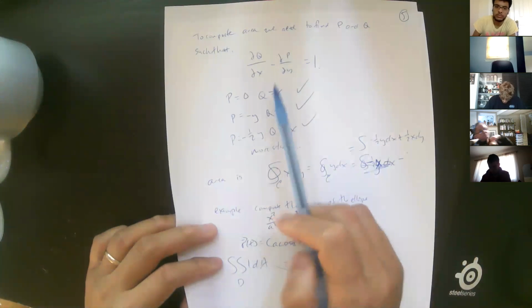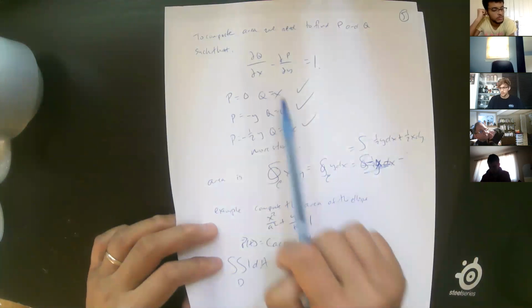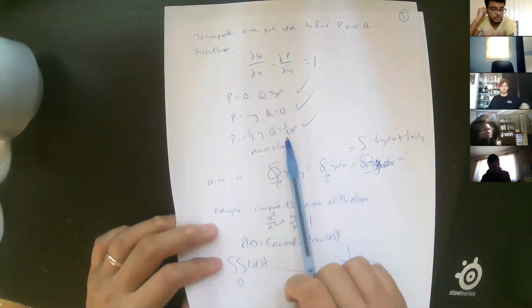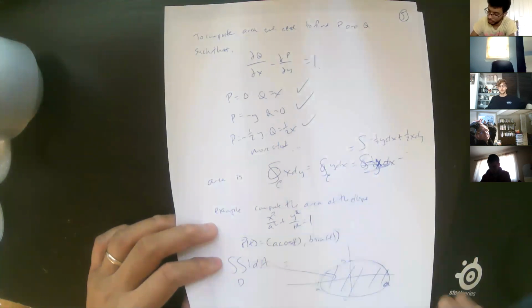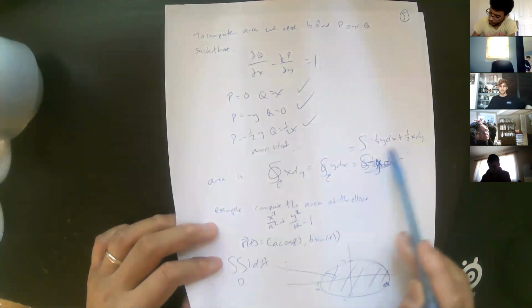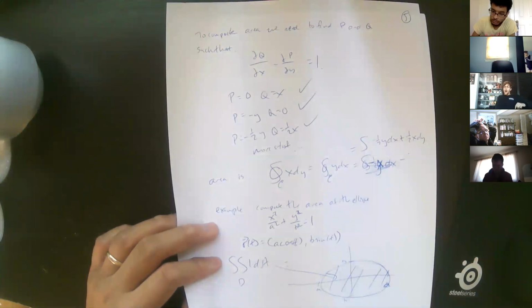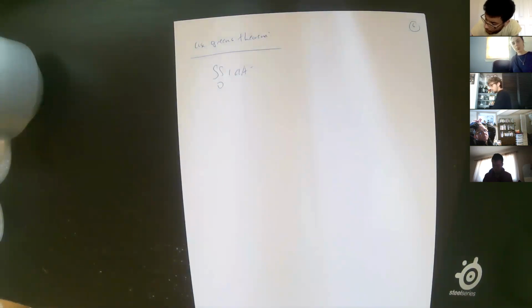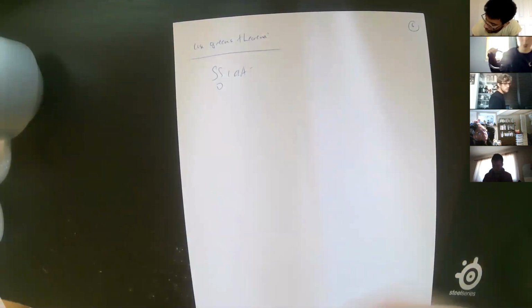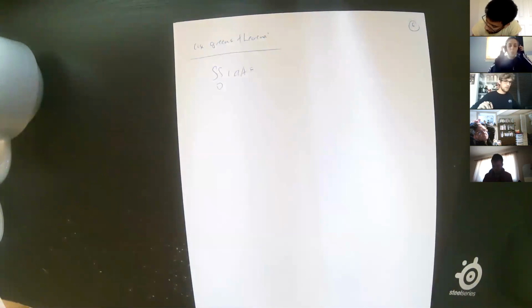I can pick this one, this one or this one, these sets of P's and Q's, right? I'm going to pick this choice of P and Q. Why? You'll see. But I could pick any of them and it'd be perfectly the same.